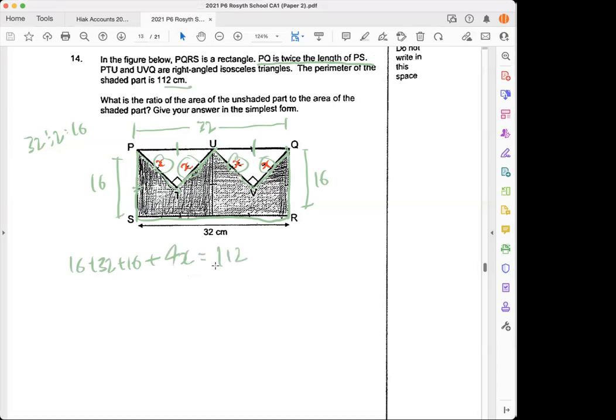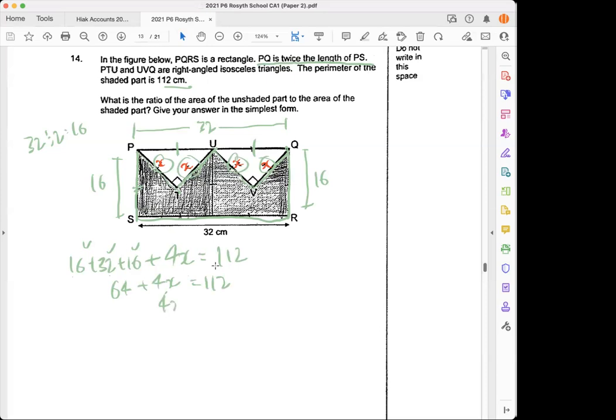So 16 plus 32 plus 16 gives you how much? 10, 20, 30, 40, 50, 64. 64 plus 4x is equal to 112.